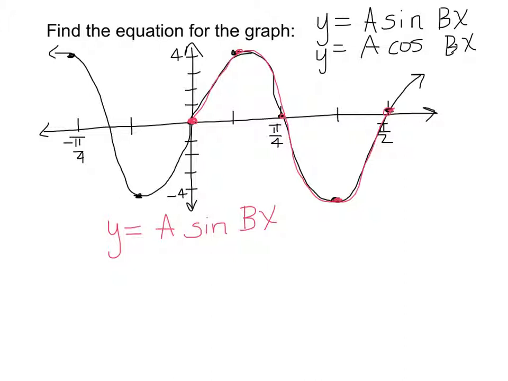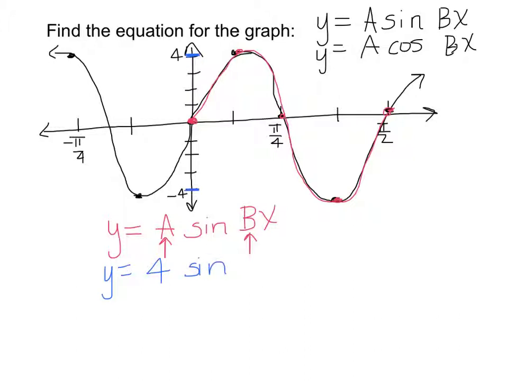So that's how you know the difference. After you figure out which equation, then your job is to find A and B. Well, A is the amplitude, how high or how low your graph went. So we can look at the graph and see that the max was 4, the min was -4. So A had to be 4, and it's positive because it went to the maximum first.